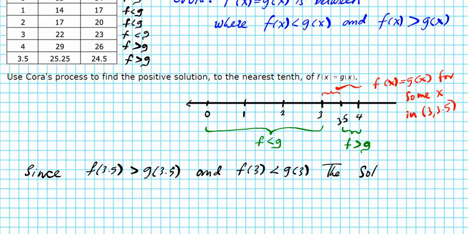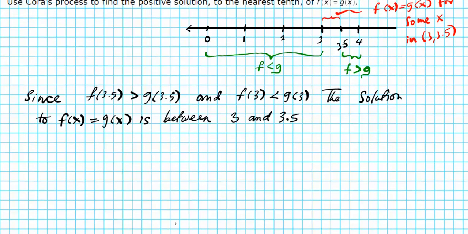The solution to f of x equal to g of x, where they meet, is somewhere between 3 and 3.5. We're just working to the first decimal place, so the nearest tenth. So those are the input values that we are going to be using for this problem.